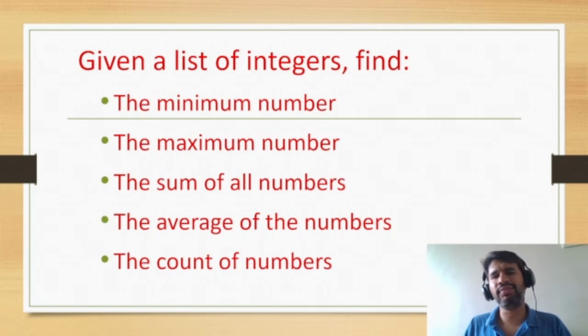Is there any better way we can do this? When we have to find some kind of statistics on a list of numbers, can we do it some other better way? Yes, there is a special function from the streams which will help to achieve all these things. Let's see how to do it.